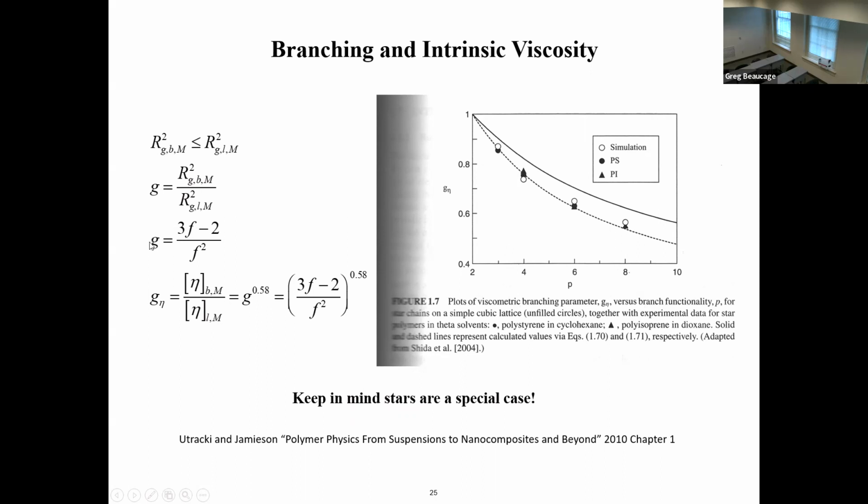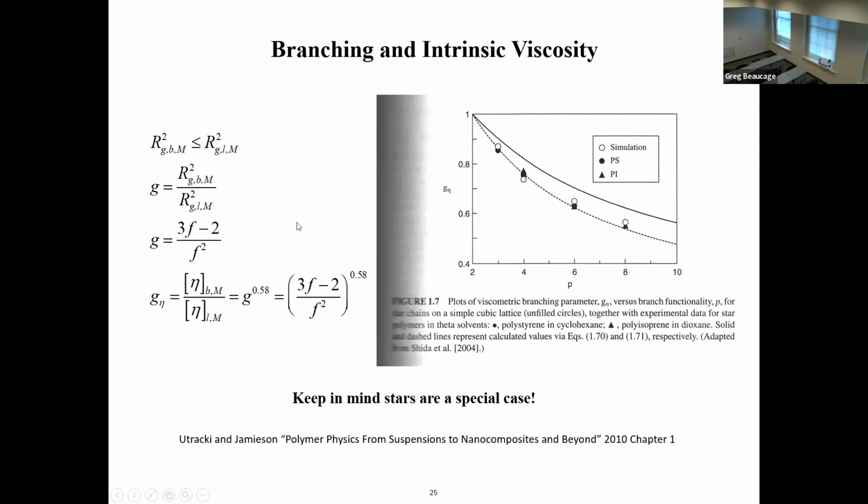In terms of intrinsic viscosity, they have a branched and a linear intrinsic viscosity and get a G factor for viscosity. They found that the G factor from static scattering, where we get radius of gyration, is related to the viscosity one by a factor of 0.58. This shows that from this paper.